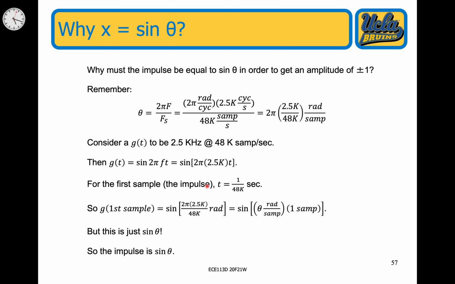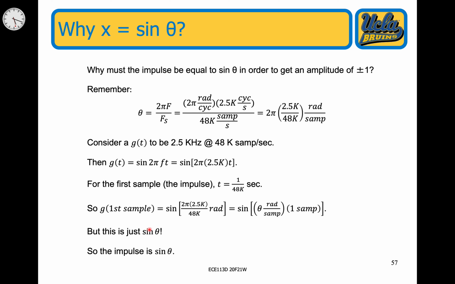So for the first sample, which is the impulse, t is 1/48,000th of a second. And so the first sample is this thing here, which is theta, 2.5, that's theta up here, that's this expression, radians per sample times 1 sample, you're just left with radians.